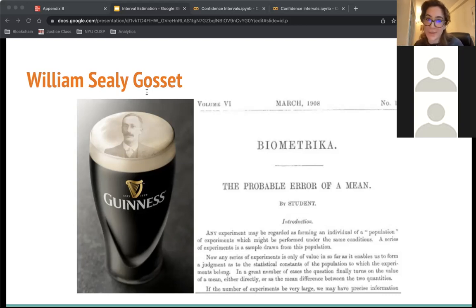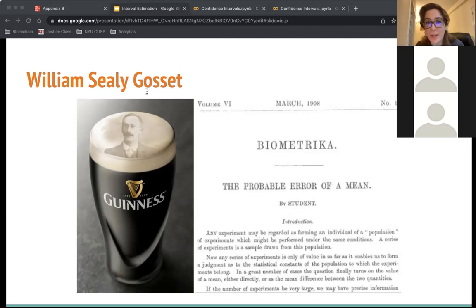That's what we're getting into next, this t distribution. This is just introducing Gosset and his work and where this came from and why. The paper I show a screenshot of was published in Pearson's journal Biometrika under the pseudonym Student, and the title is The Probable Error of a Mean.